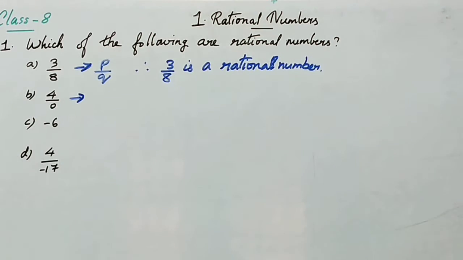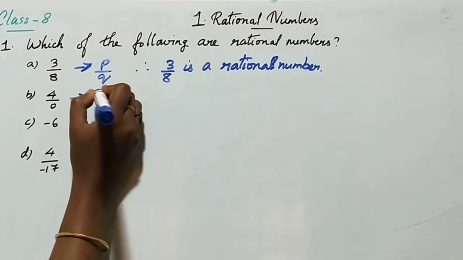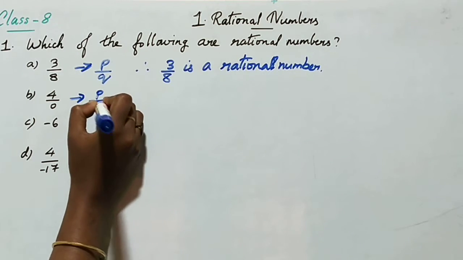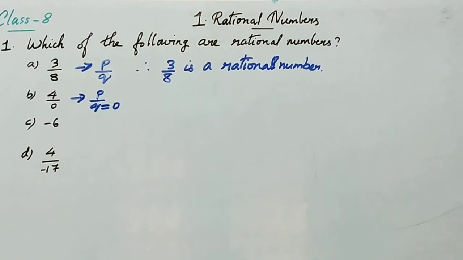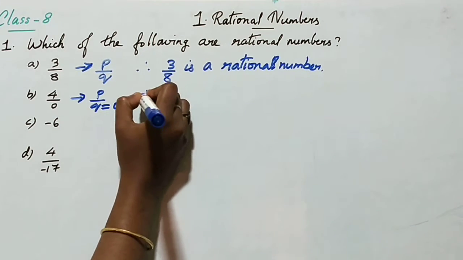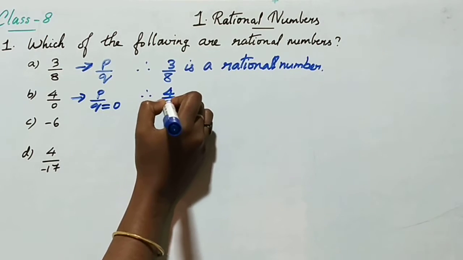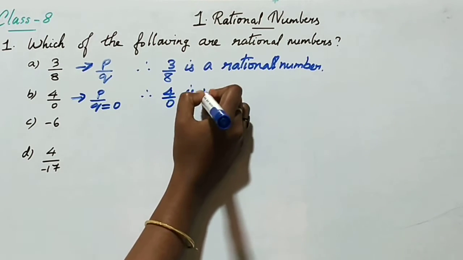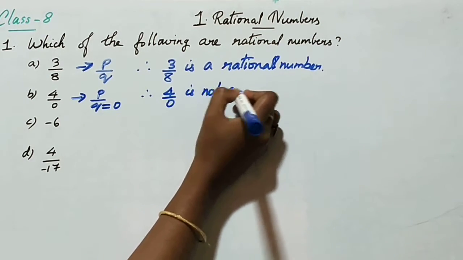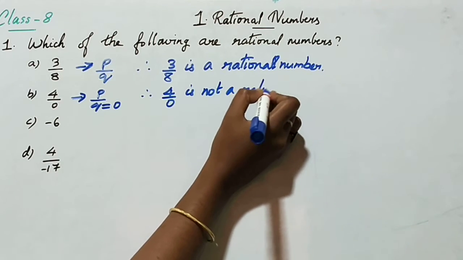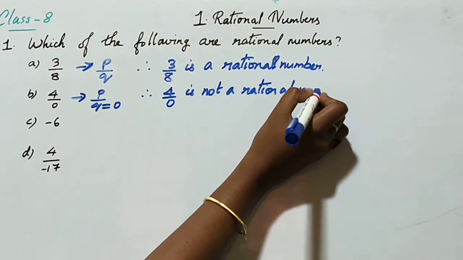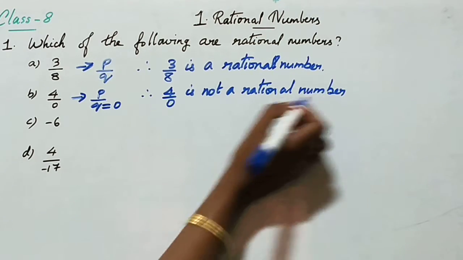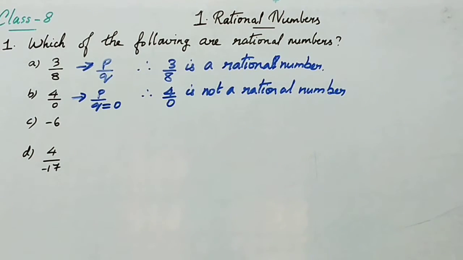But here I have 0, so Q is equal to 0, and I need Q which is not equal to 0. Therefore, 4 by 0 is not a rational number.